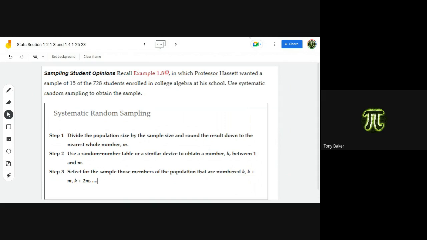Yep, it's 728 divided by 15, which is 48 and a half. And we're rounding it down to the nearest whole number, so 48.